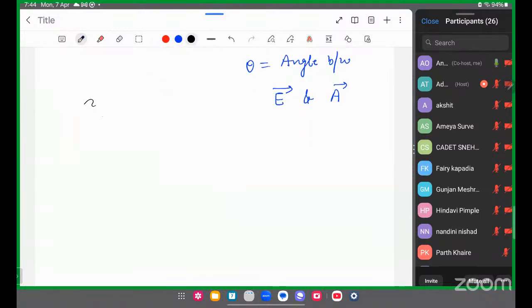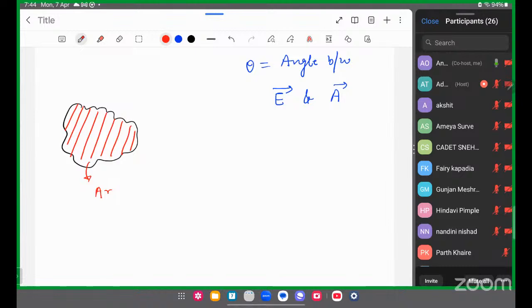What is area vector? Let's say there is a surface with a certain fixed amount of area. Area of the surface is A, and a perpendicular is drawn at the surface. This perpendicular at the surface is known as n vector, that is normal vector.